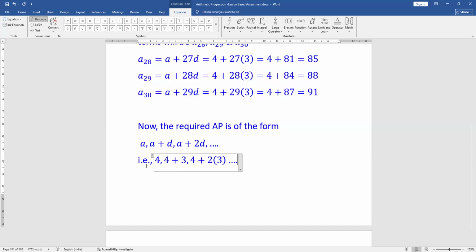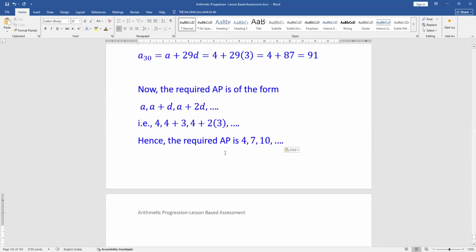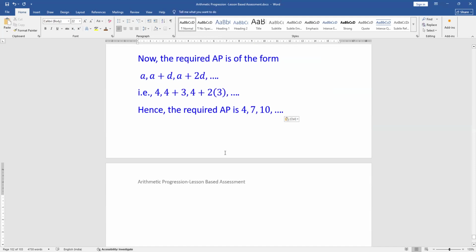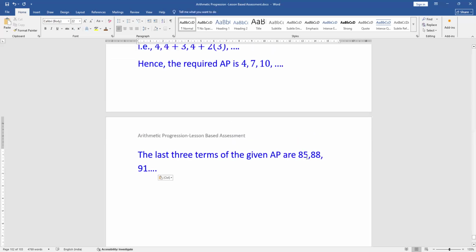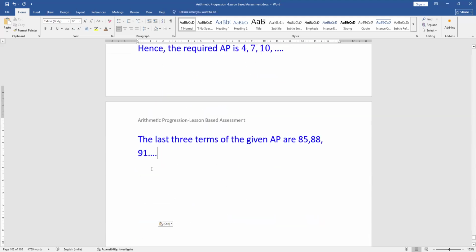So hence the required AP is 4, 7, 10, and the last 3 terms of the given AP are 85, 88 and 91.